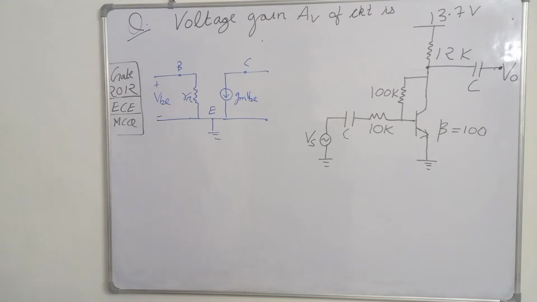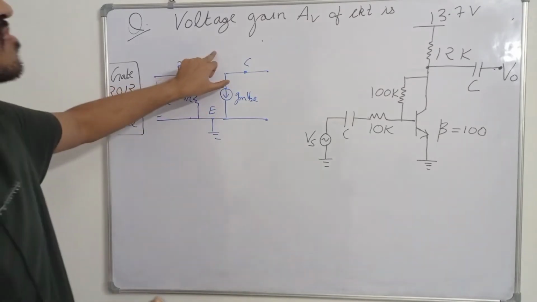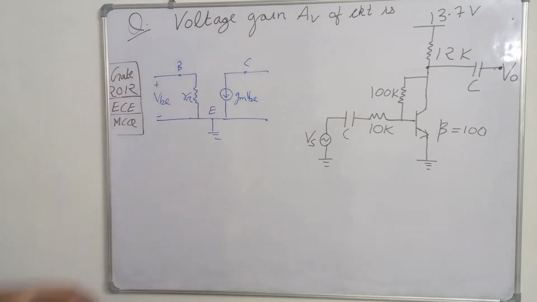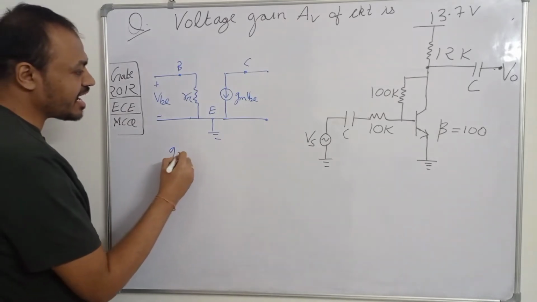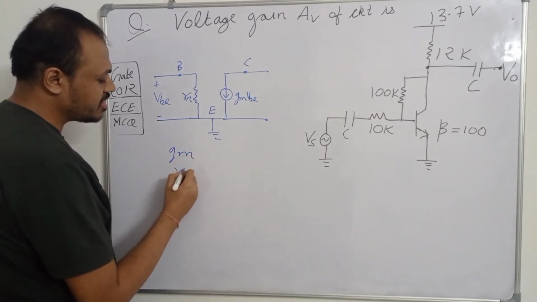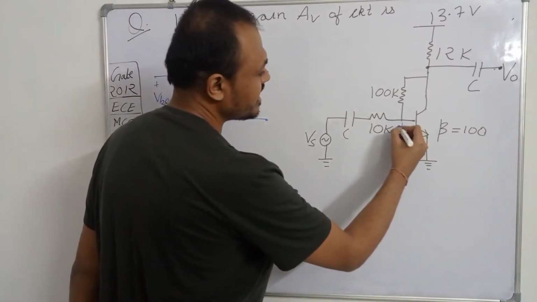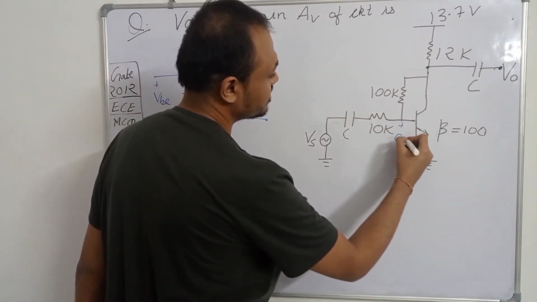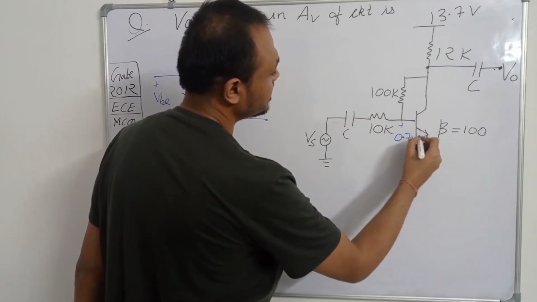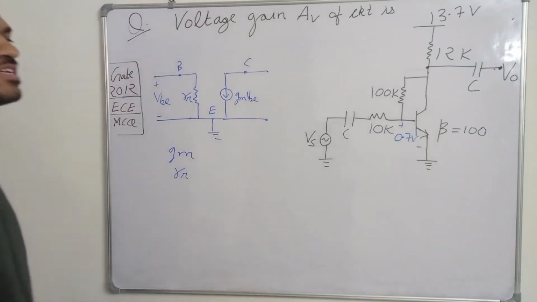So for finding the voltage gain, we will have to do the AC analysis. And for AC analysis, we will use the RPi model. So for the RPi model, we must know the value of gm and RPi, because VBE is 0.7 volt. For a transistor amplifier, VBE is always 0.7 volt.